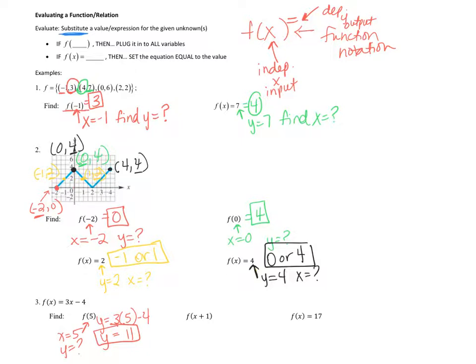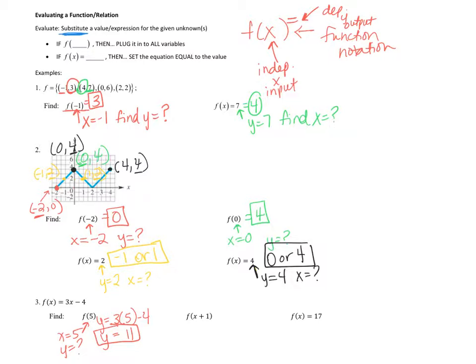Okay, so the next one's actually kind of interesting because I'm not going to get a single number answer because they didn't give me a single number to plug in. They're actually giving me an expression. So they're giving me variables and constants and numbers. So when I plug that in, it's okay to get numbers and variables back.